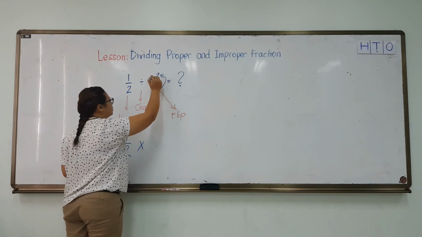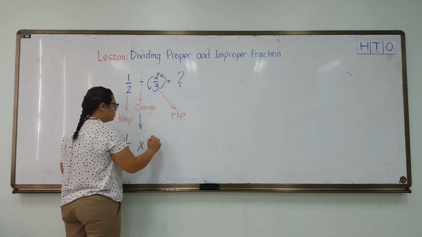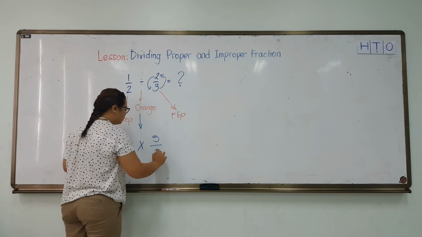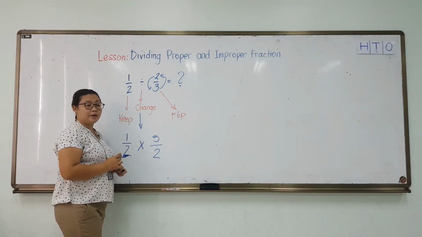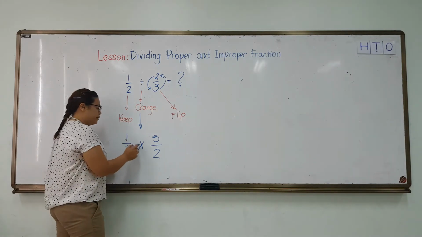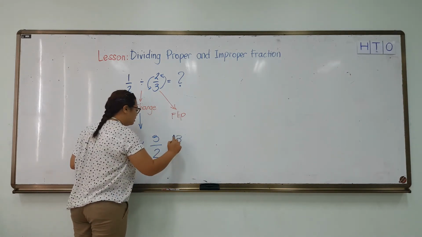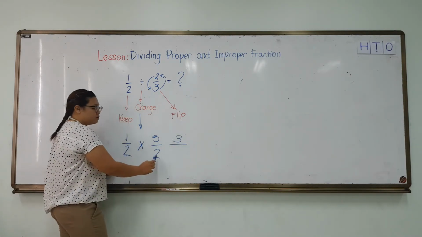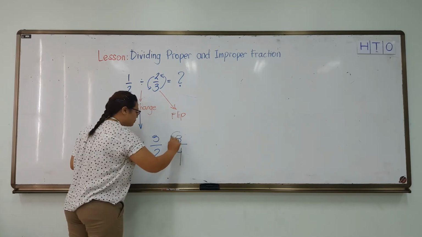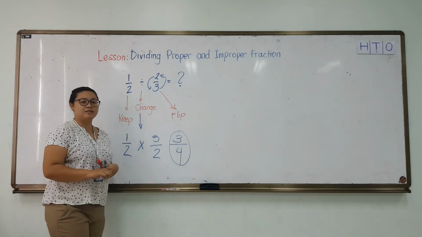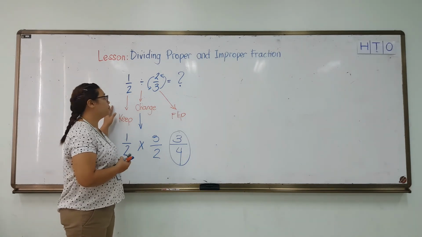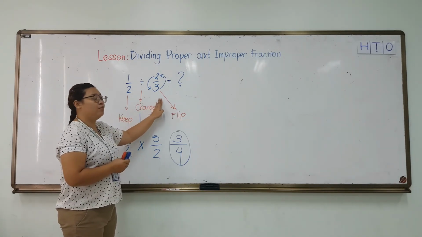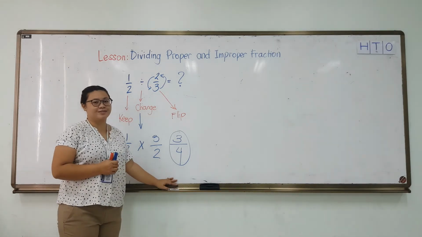This one goes up and 2 goes down. 3 over 2. Follow how to multiply fractions. 1 times 3 is 3. 2 times 2 is 4. There you have it. This is our answer for 1/2 divided by 2/3. We will get 3/4.